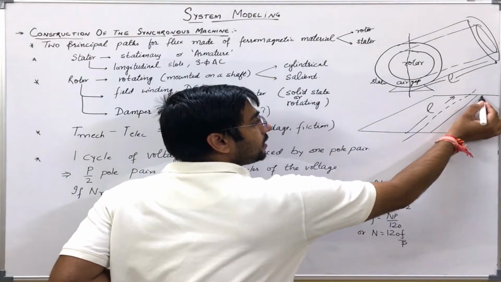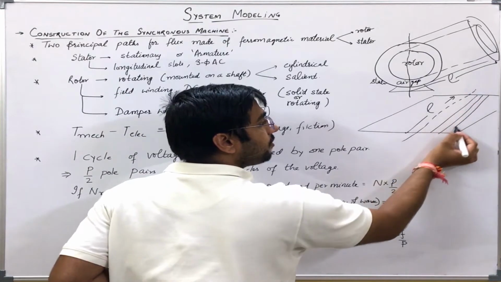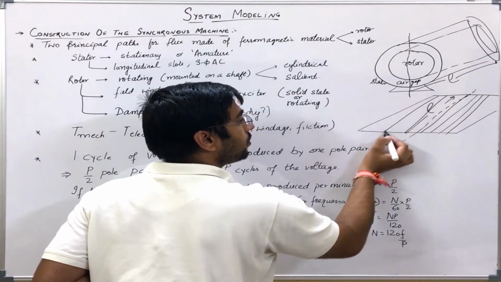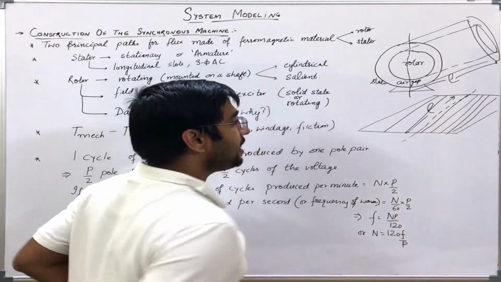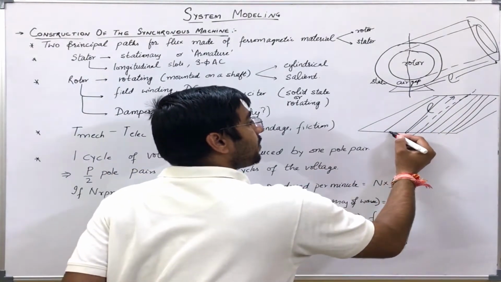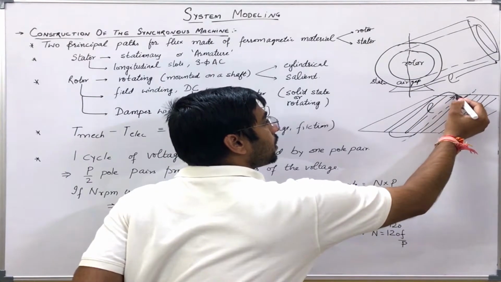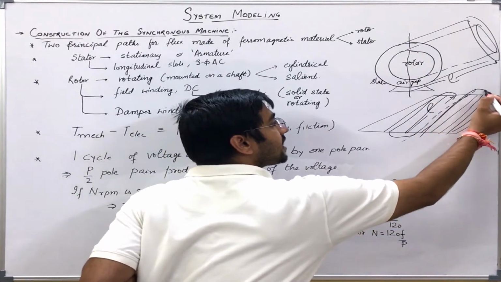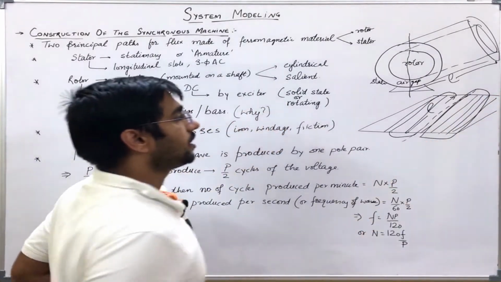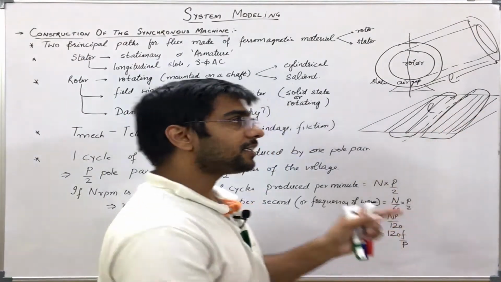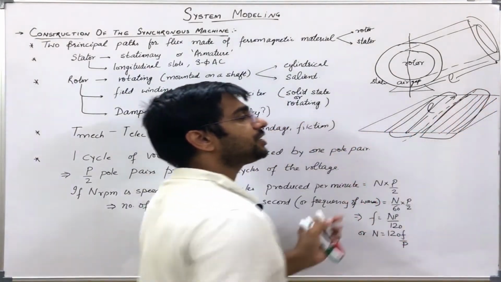That is, this stator is carrying various slots, and in these slots windings are placed, like this. So this is the meaning of longitudinal slots, that is, the slots are along the length of the machine.